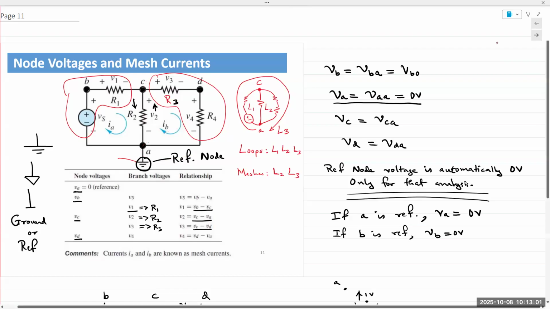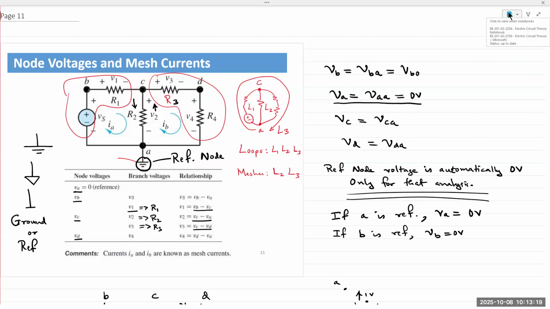Now, once you have branches and we have currents flowing through there, the current that flows through every single branch is defined as a branch current. This is going to be important when we apply node voltage analysis. This is the absolute first step that students need to take. You identify the nodes, you label them, and then you assign branch currents to each and every single branch. Without assigning branch currents, we cannot apply KCL.